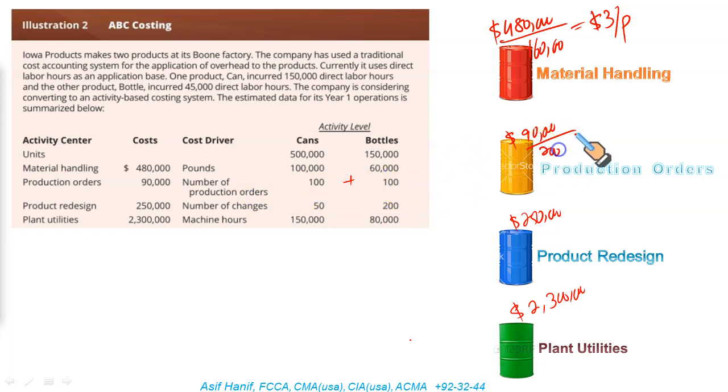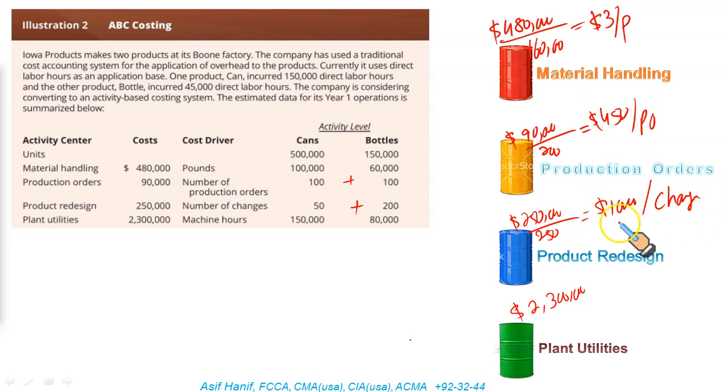So 90,000 divided by 200 is $450 per production order. The next cost pool is product redesign, 250,000, and there are expected to be 250 changes, and that will give you a rate of $1,000 per change. Each change costs you $1,000.